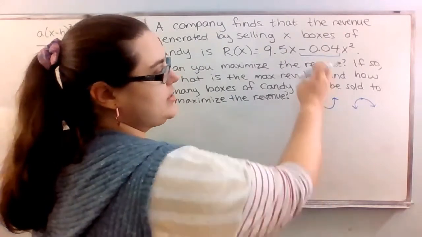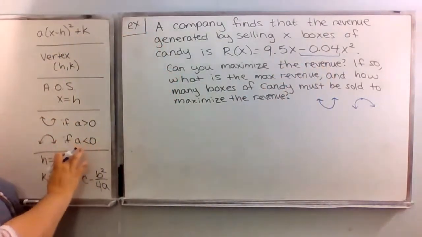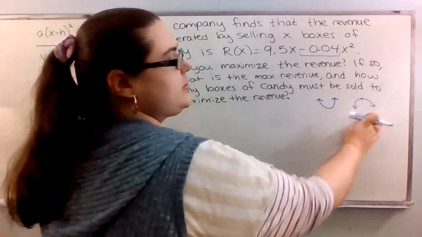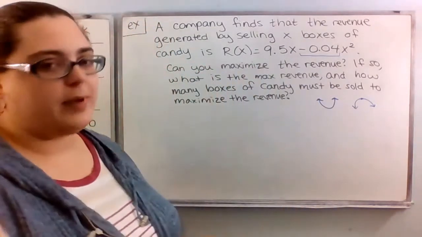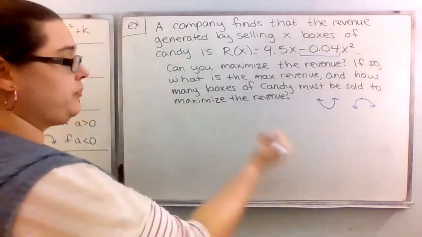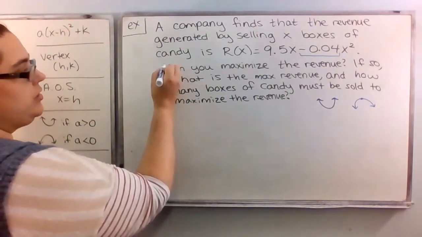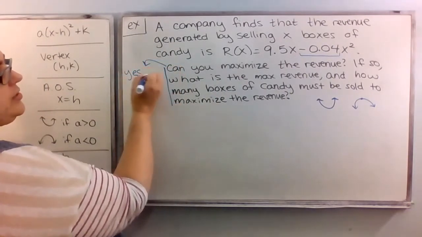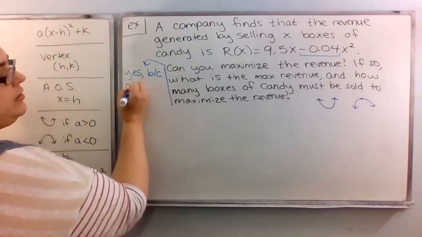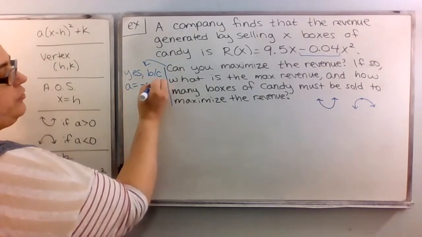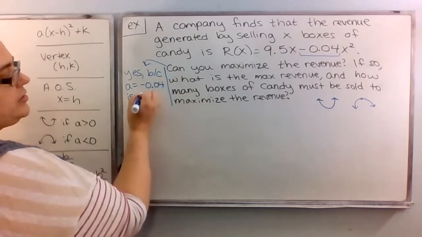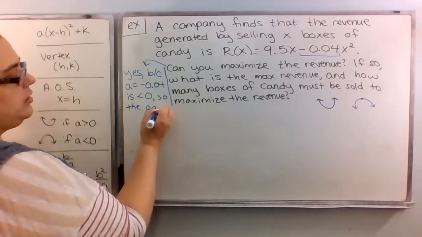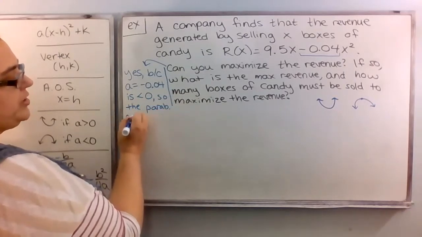So that means since a is negative, we're going to be a frowning parabola. So we're going to look like this. So the answer to can you maximize the revenue is yes. So for this question, I'm going to try and write it over here. My answer would be yes, because a is negative 0.04, which is less than 0. So the parabola opens downward.